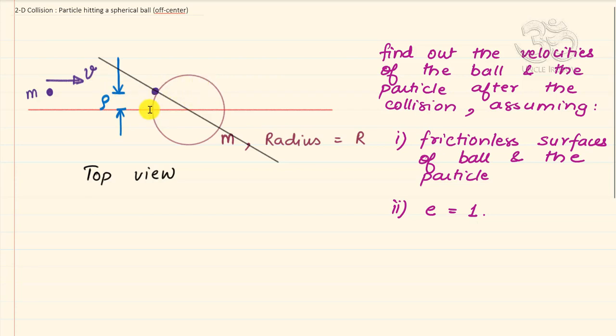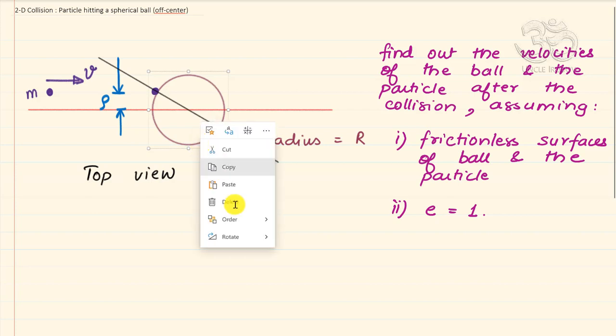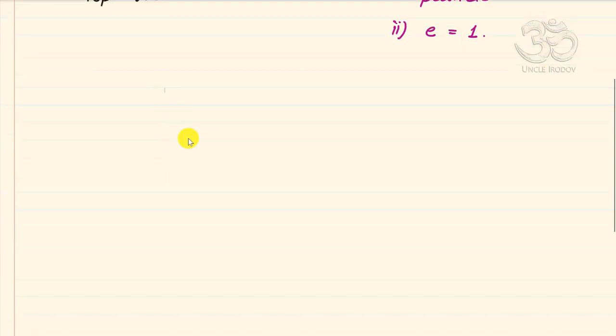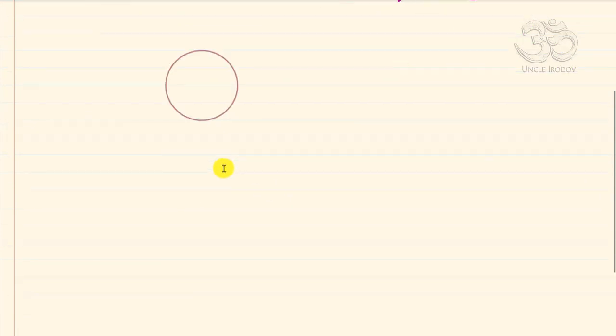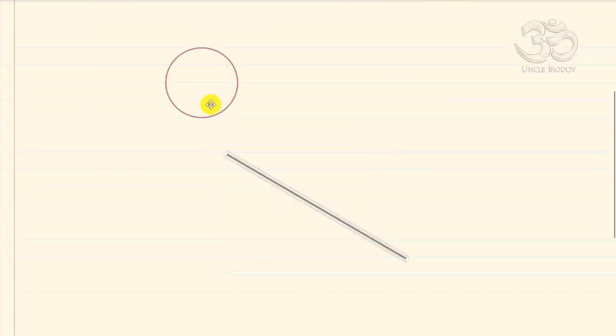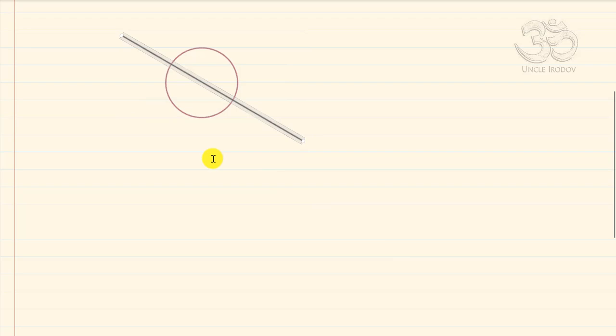Any force that is acting on the ball, let's say, will be acting along this black line. So if you were to just draw the ball here, yeah, like this, and if you were to draw the line of impact again, then any force on this ball will be acting along that particular direction like this.